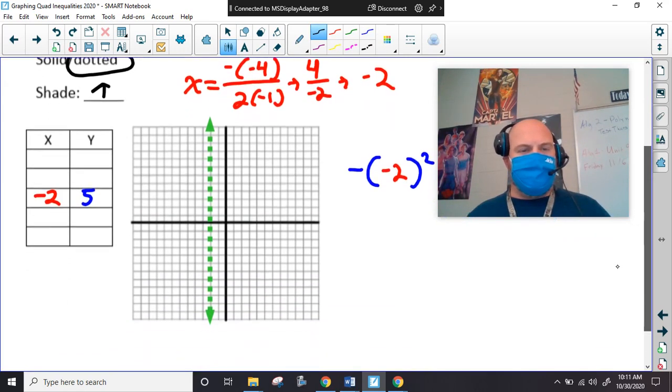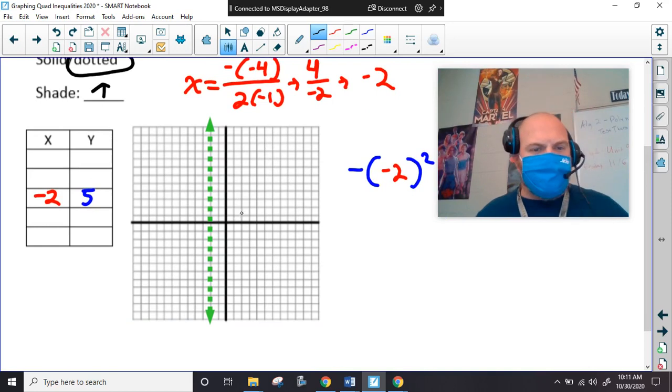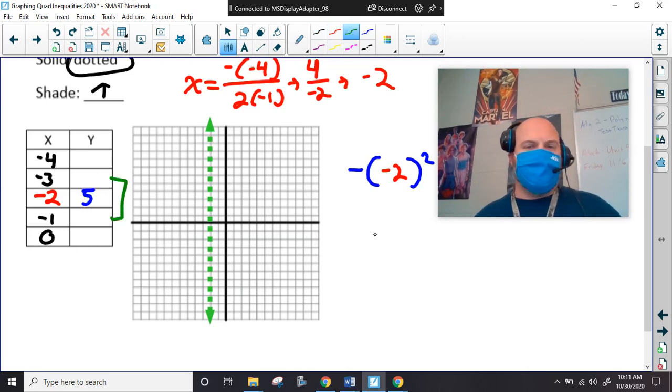So when you have your axis of symmetry, you could look on your number line. To the right of it is going to be -1 and 0. To the left is going to be -3 and -4. Remember, these are 1A. A is -1, so 1 times -1 is -1.